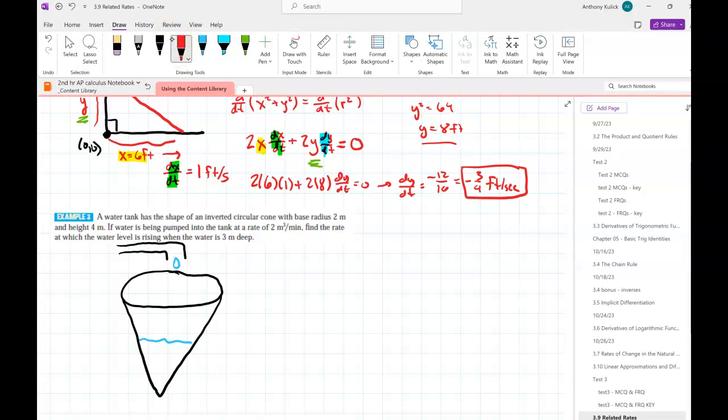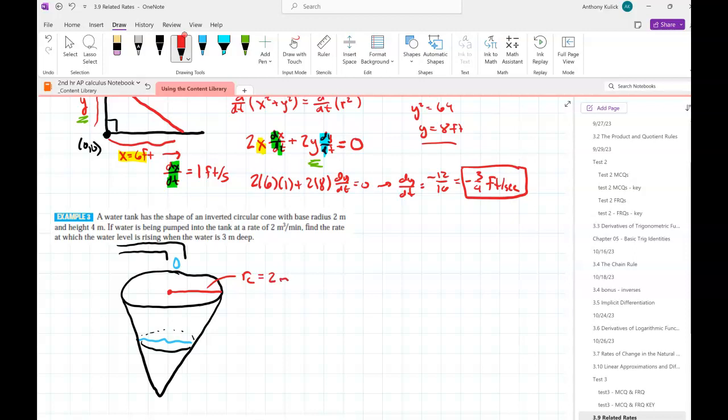Let's start filling some things in now, right? So there's our picture. It says the base radius for the cone is 2 meters. So that distance there is 2 meters.